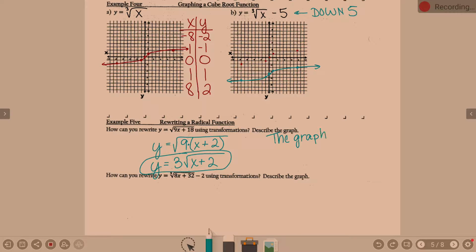So it's the graph of y equals the square root of x is stretched vertically by a factor of 3 and my official mathematical word for moving left 2 is translate left 2 units.